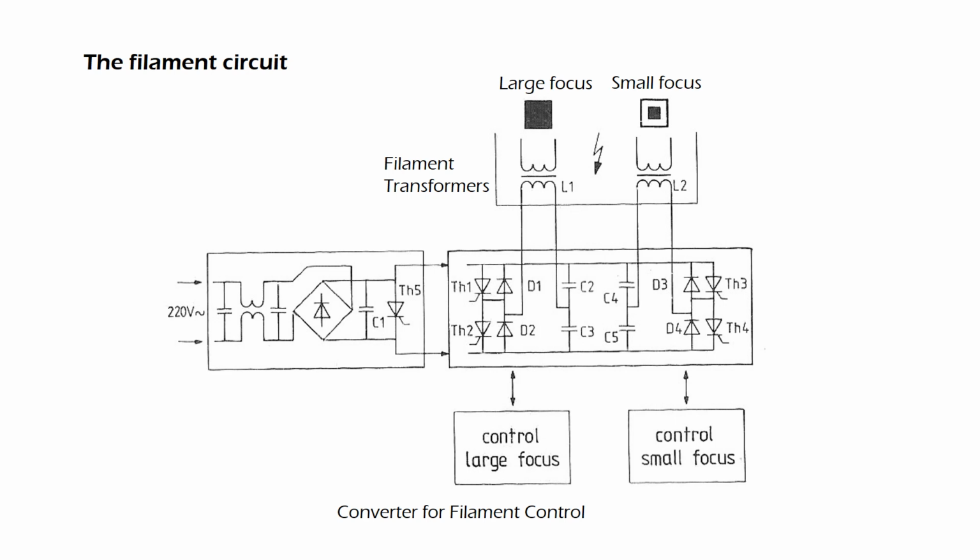The filament circuit has a half bridge for the small focus and a half bridge for the large focus. The half bridge for the large focus consists of thyristors TH1 and TH2, diodes D1 and D2, inductor L1, and the capacitors C2 and C3.